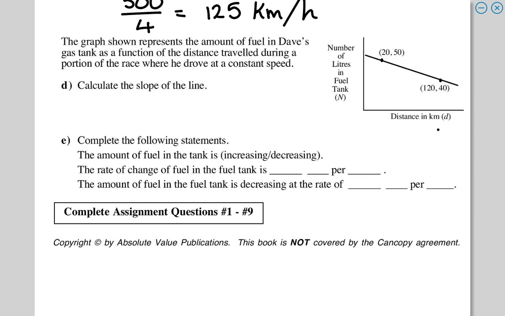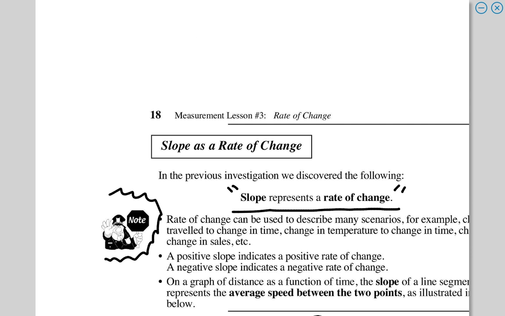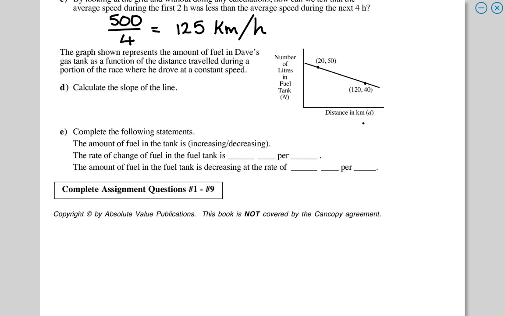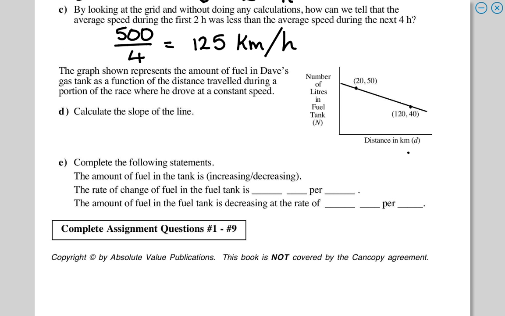Okay, now let's talk about fuel consumption for Dave's Civic. Okay, the graph shown represents the amount of fuel in Dave's gas tank. So obviously, if you drive a lot, your gas amount goes down.